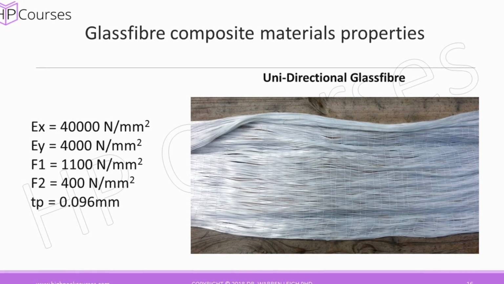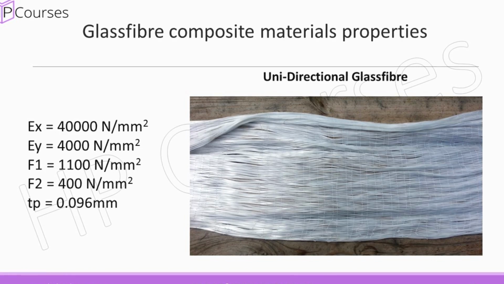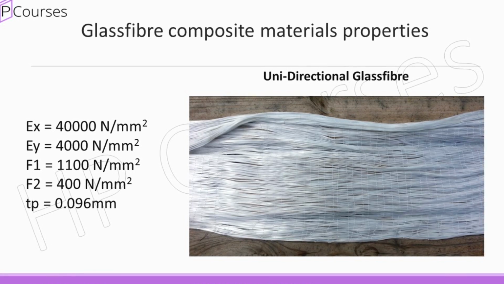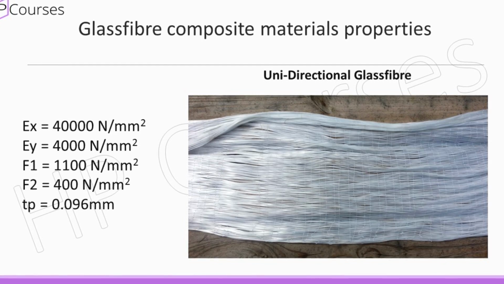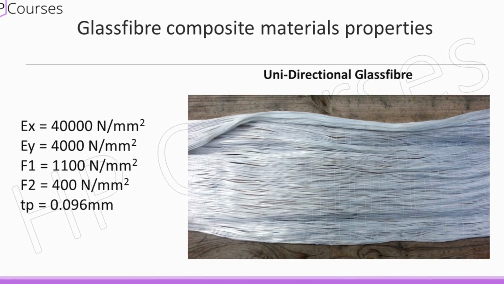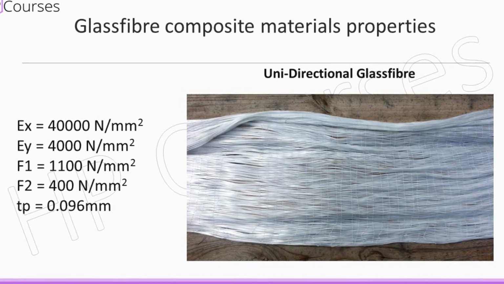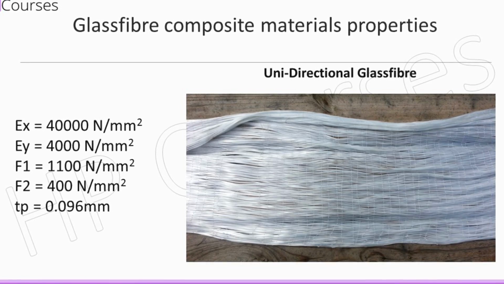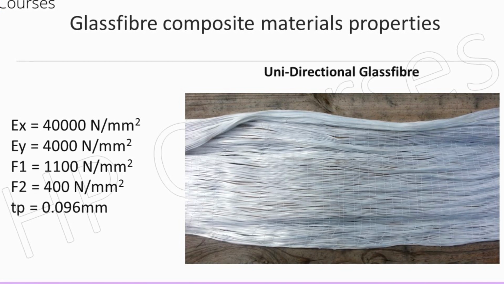Ultimate strength in the x direction 1 of 1100 newtons per millimetre squared. The ultimate strength in y direction 2 of 400 newtons per millimetre squared. And the thickness per layer is calculated in CSAMs of 0.096 millimetres.